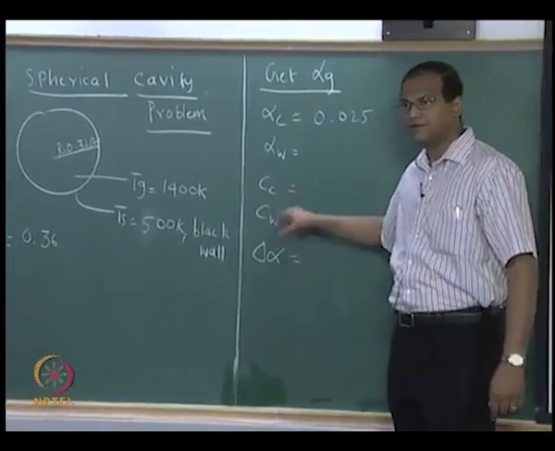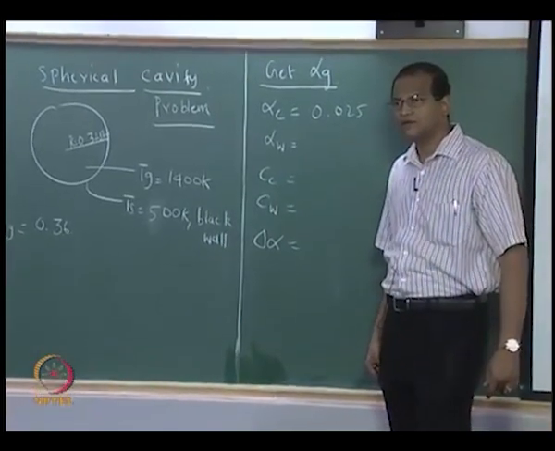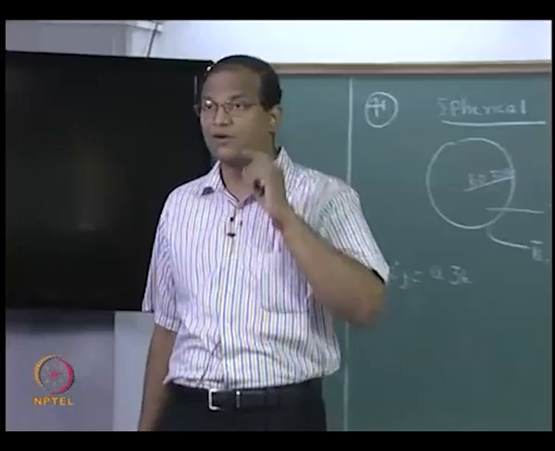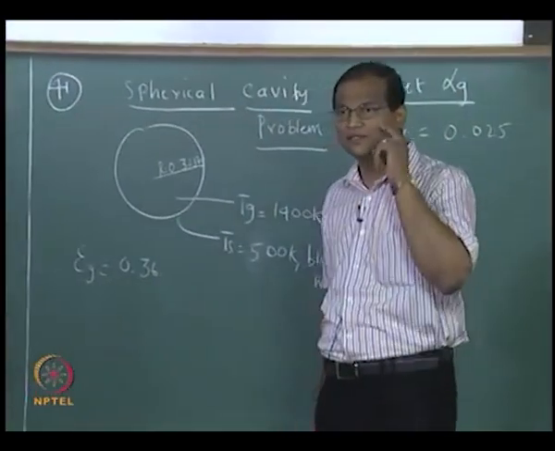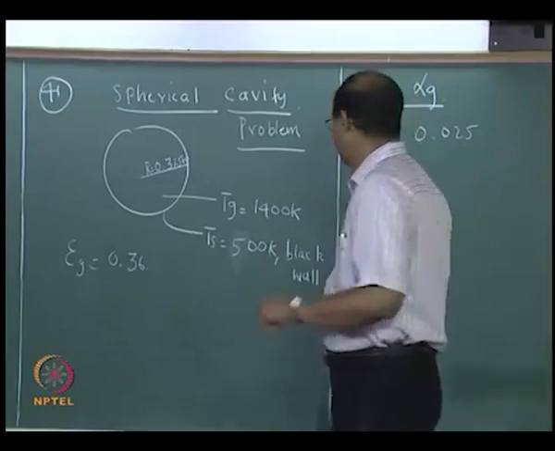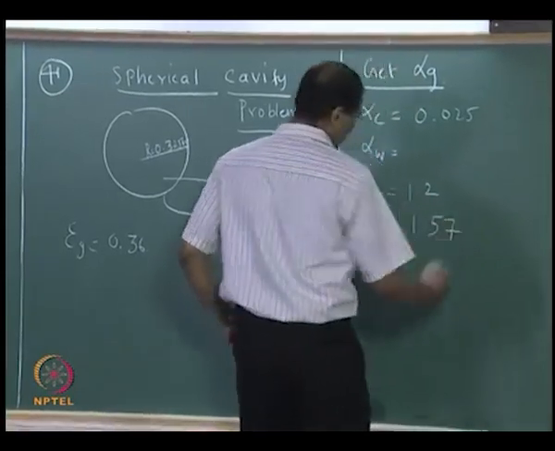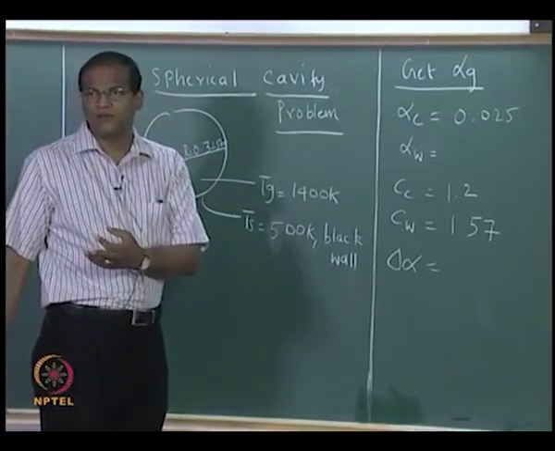The correction factors are the same, right? The same correction factor is to be used, no? What are the correction factors? 1.1 and 1.57. Okay, so we got this. Delta alpha we worked out yesterday, right? That was easy.